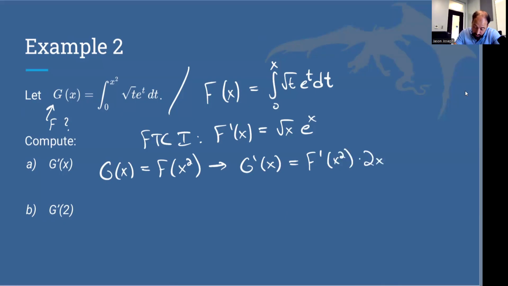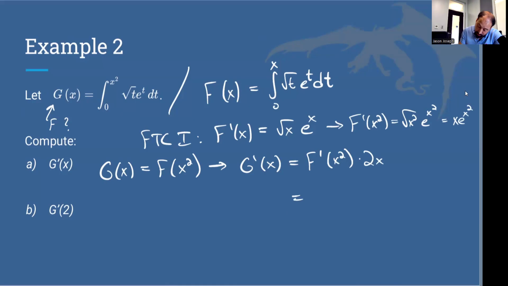Okay, and then I know what big F prime of x is. So big F prime of x squared is square root of x squared e to the x squared, which is x e to the x squared.